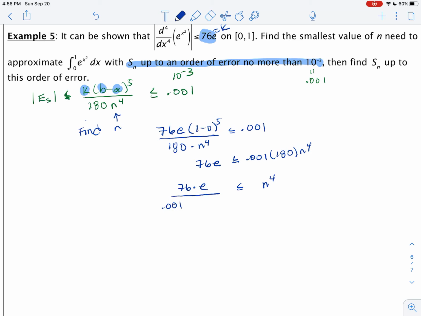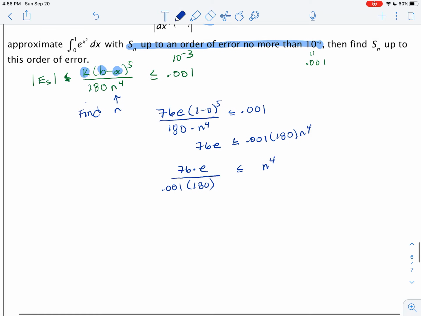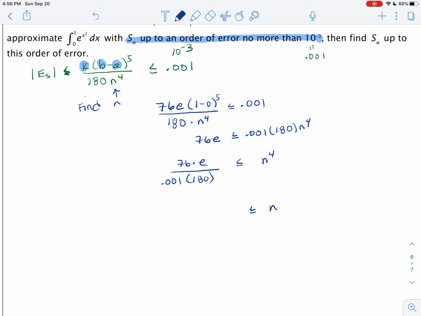is greater than or equal to 76 times e over 0.001 times 180. And now, because n is going to be positive, and we're not concerned with n being negative, we can take the fourth root of both sides, and so we'll want n to be greater than or equal to the fourth root of 76 times e over 0.001 times 180.